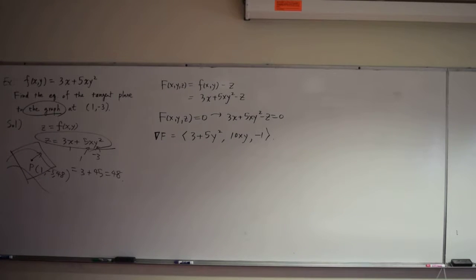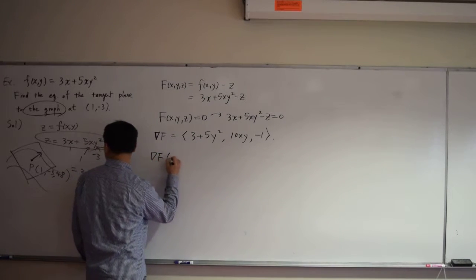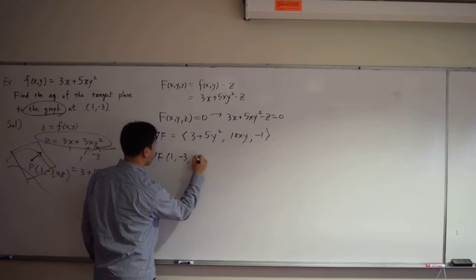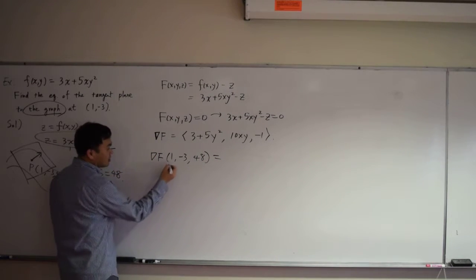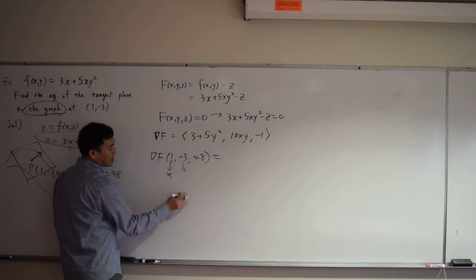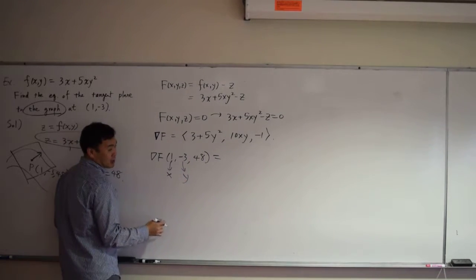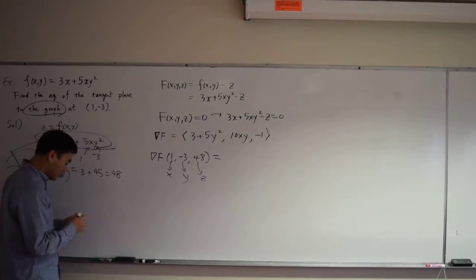So that's the gradient. And then in order to find the normal vector at this specific point, what we need is the gradient of F evaluated at that point, 1, -3, 48. Meaning that any x that you see should be replaced by 1, any y that you see should be replaced by -3, and any z that you see should be replaced by 48. That's what it means.